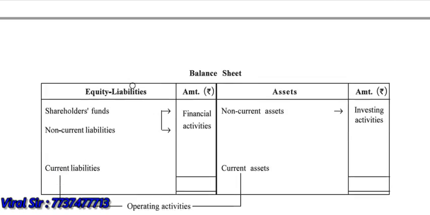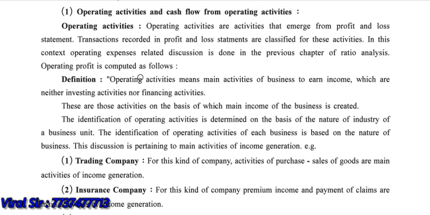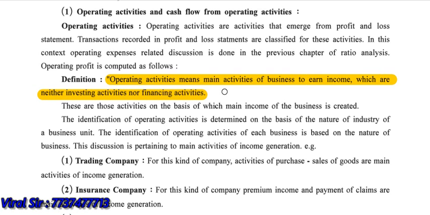Next is classification of cash flow activities. First activity is operating activity. Now, what is operating activity? Operating activity means the main activities of business to earn income which are neither investing activities nor financing activities. Means those activities which are the main activities of business for which the business has been formed.